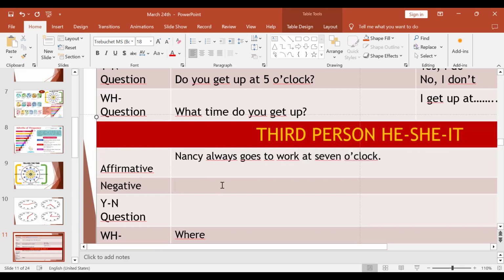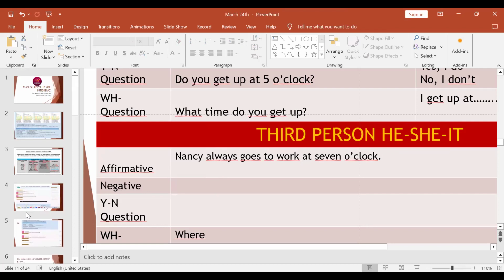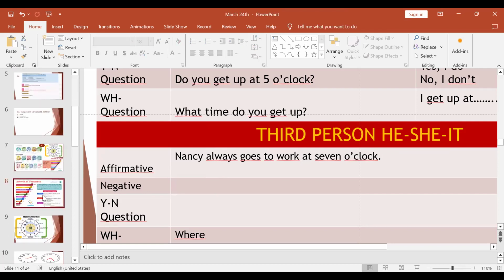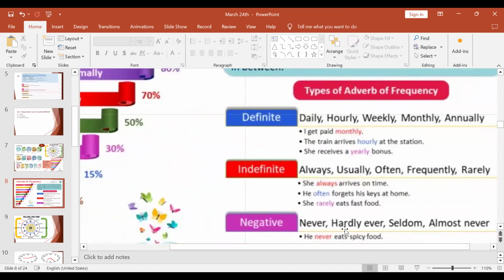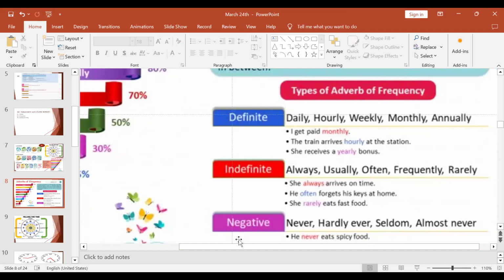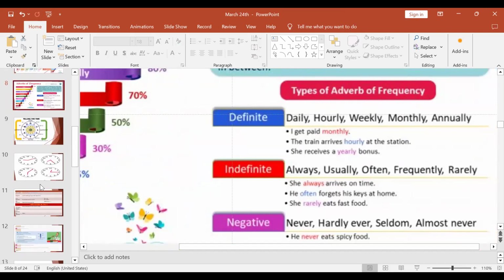Negative. Lo contrario de always va a ser never. ¿Ok? Entonces, si estoy haciendo algo en negativo, por eso acá en el cuadrito que les pasé, aquí está para las oraciones negativas. ¿Ok? Never. Entonces vamos a ver.